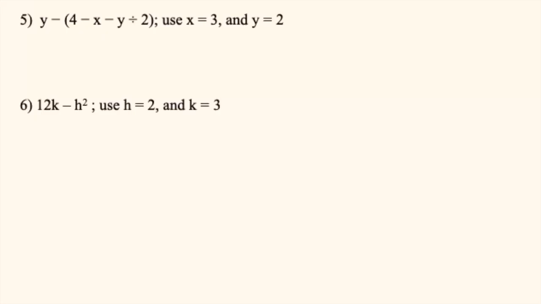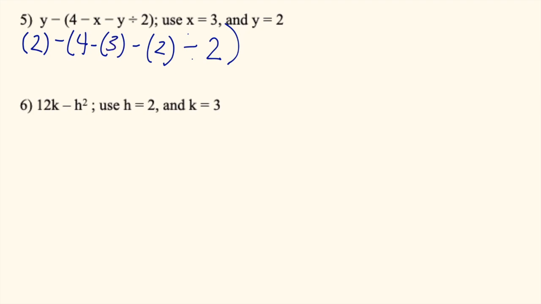So let's go ahead and finish up this unit. We're going to start by putting in our parentheses wherever we see a variable. So y minus 4 minus x minus y divided by 2. We have a 2 for the y's and a 3 for that x.